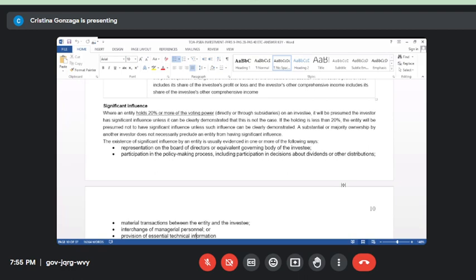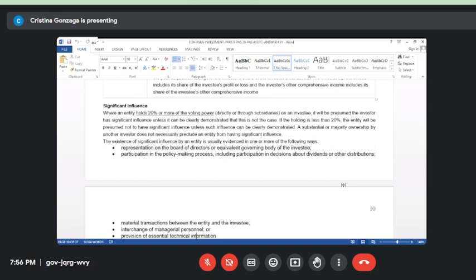Ngayon, kahit less than 20%, pwedeng i-assume natin na merong significant influence because of the following evidences. So any one or more of the following indicators, you may assume that there has been a significant influence, kahit hindi pa umabot doon sa 20% or more na threshold natin.